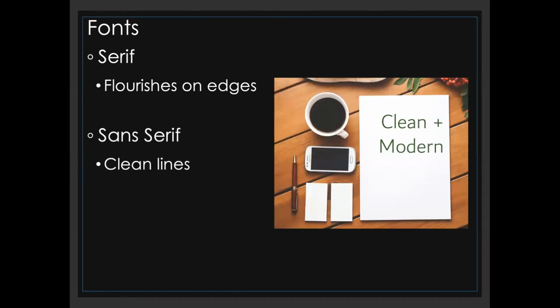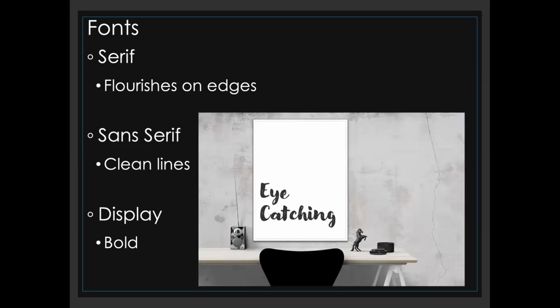A sans serif is very clean. Do you see how there aren't any flourishes on the end of your letters? If you're thinking Apple Macintosh, this is the font that they'll use. It's very crisp, it's very modern, it's very clean, but it can be very stark. Okay, and then display is going to be bold.